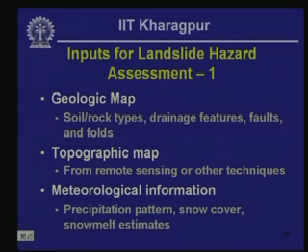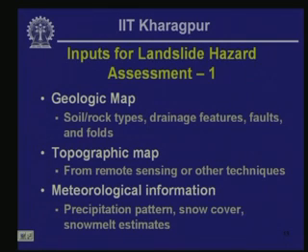We have to look at the geologic map of a given area in order to get a feel for what kind of soil or rock type is underlying it. We have to look at the drainage features of the area, the presence of faults and folds, and whether the faults and folds that we find on a given geologic map are seismogenic, or themselves sources of earthquakes, or not.